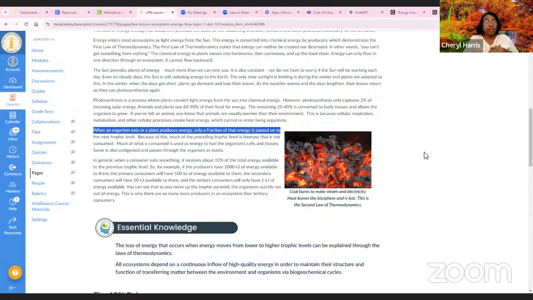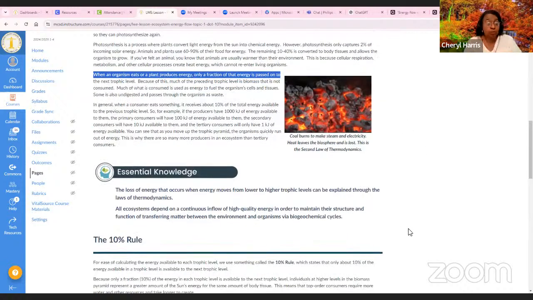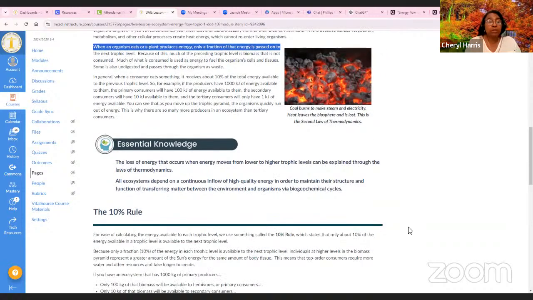But here it's saying it only passes on a fraction of it. That's because the organism uses the energy that it took in for its life processes. So what is stored and available for the next organism that eats it is only 10%. So we're going to look at the 10% rule.